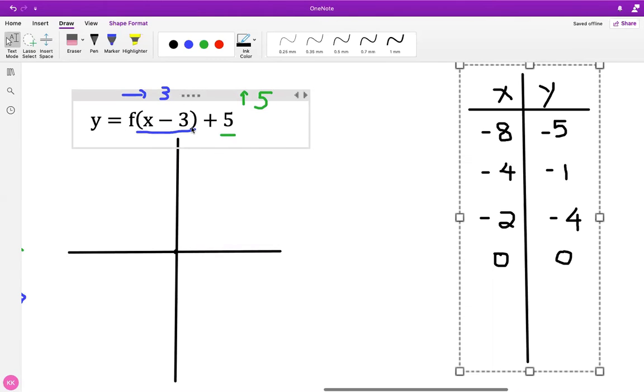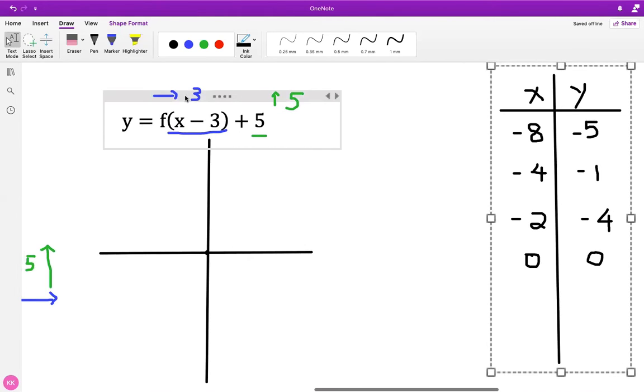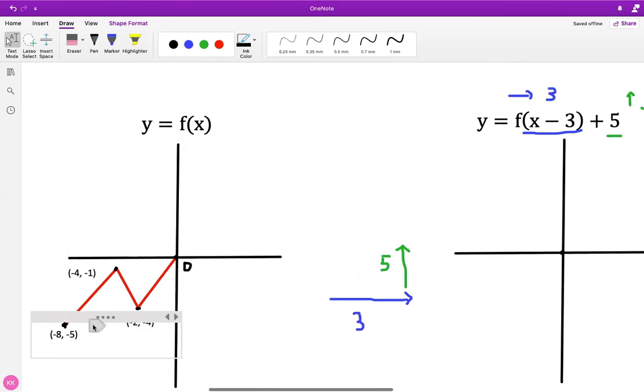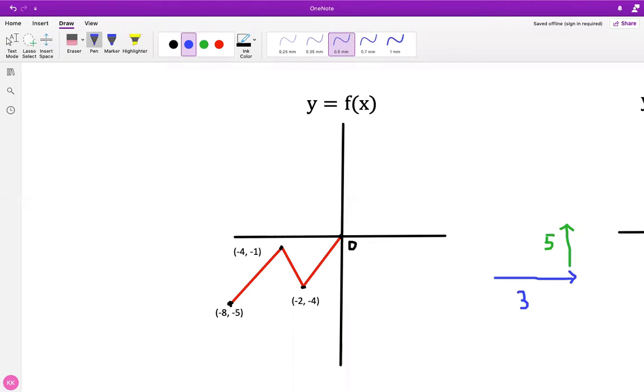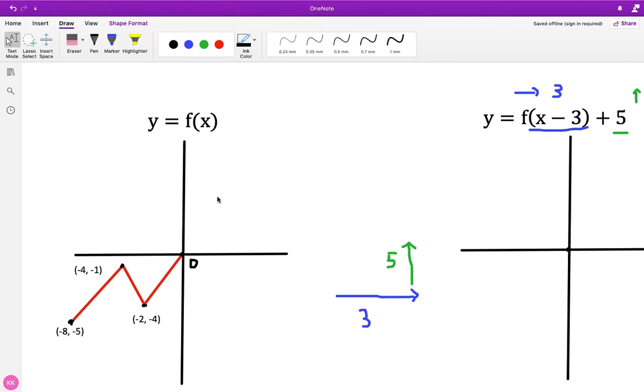Now I'm going to graph this function. I need to shift this function 3 units to the right and also 5 units upwards. Let's deal with the upward shift first because it's easier. What we need to know is the new coordinate after I transform this function 5 units upwards. Remember, if I shift the function upwards, I don't change the x value.